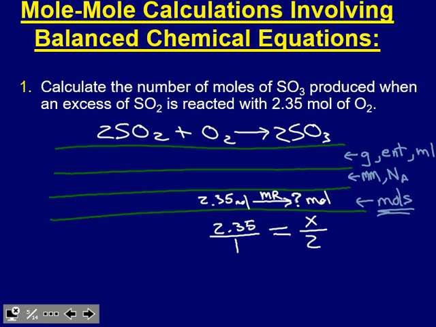So there is my 1:2 ratio in fractions, so I can cross multiply and solve for x. You might already see that if this is doubled on the bottom, then this has got to be doubled on the top in order for it to be equal. That's all that really means.